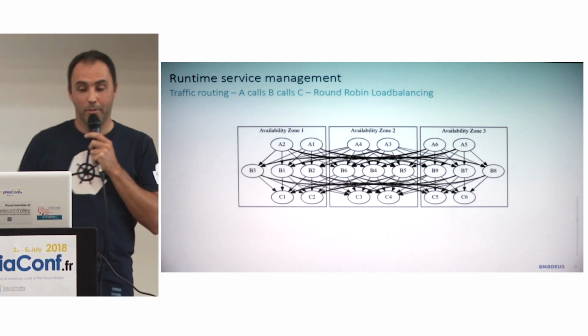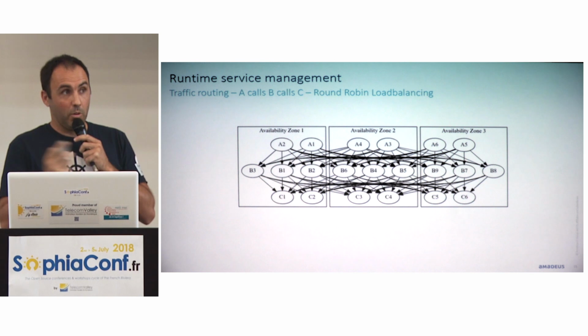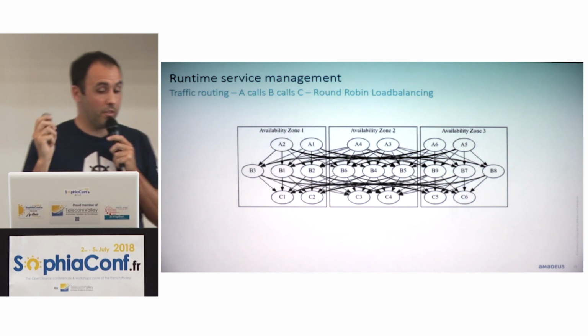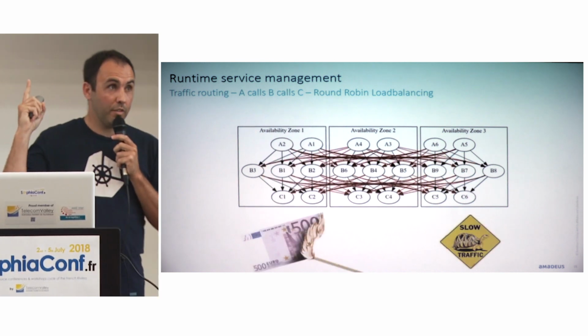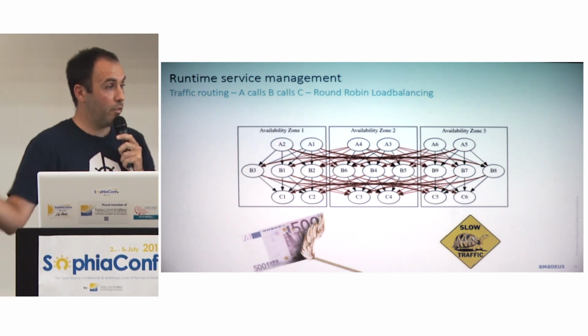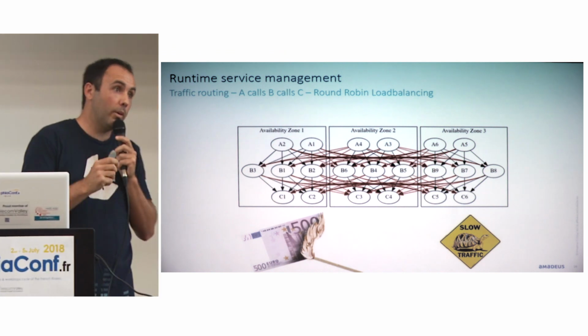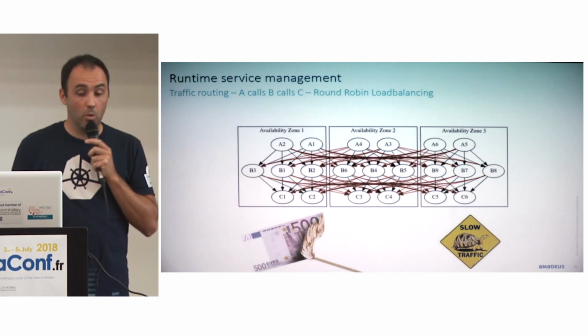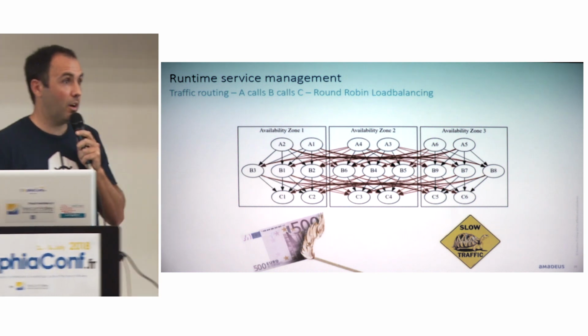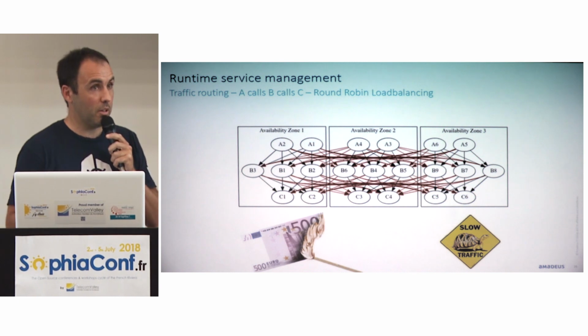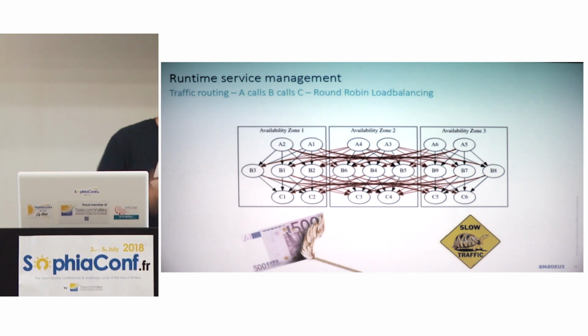Okay. So if you're in this case and you're not using a service mesh, you have transactions that are flying from one availability zone to another. And these transactions not only may be slower than the ones that stay in the same zone, but they are also more expensive. They go through different routing mechanisms, and you are billed for that.